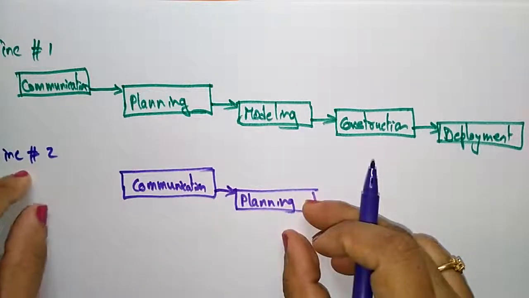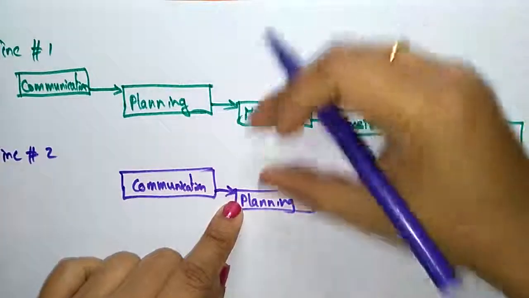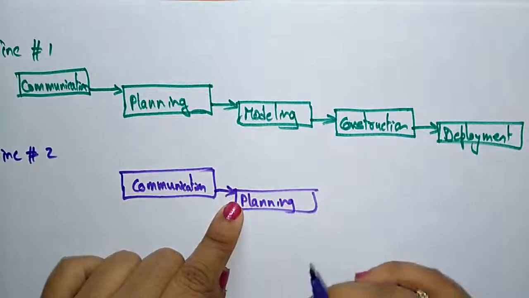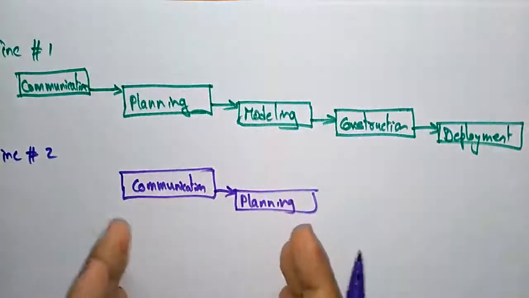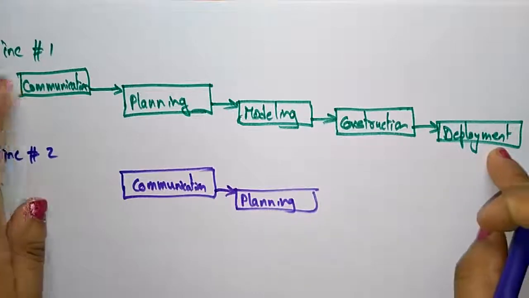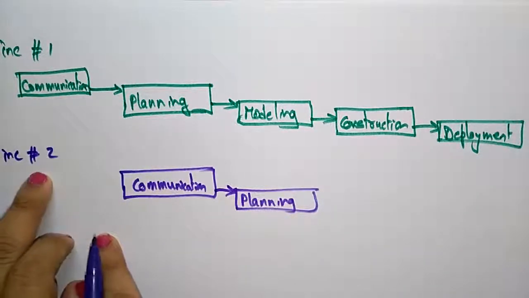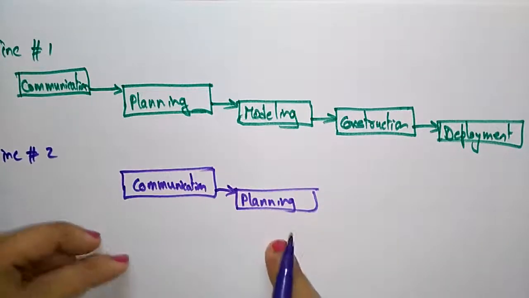When this team is in the planning stage, the first team will be in the modeling stage, because everything is independent of each other. There is no communication and no dependent relationship. Once the product is successful, they can deploy, and another team will take another module and try to communicate.